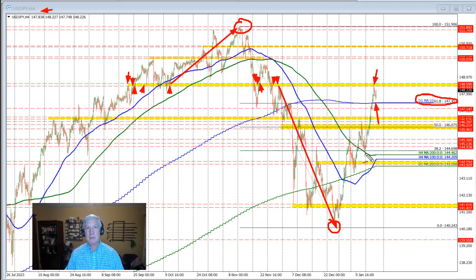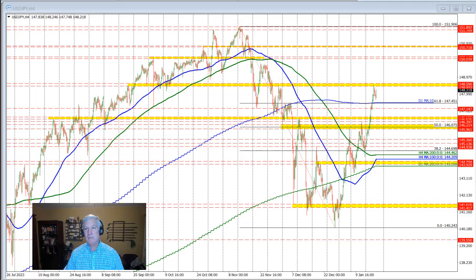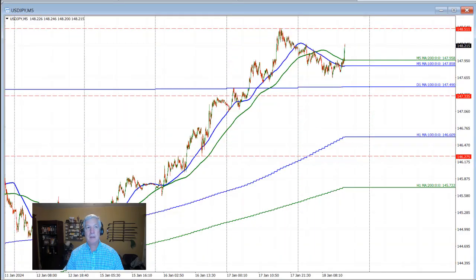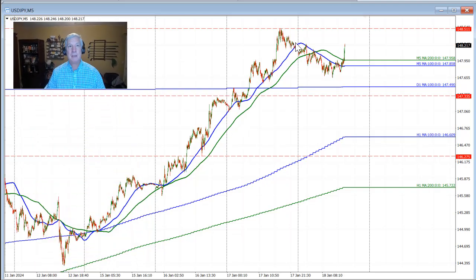As long as the price remains above that level, the buyers still remain in control in the dollar versus yen. If you recall from yesterday's video, I talked about the trend move to the upside here, how the price had stayed above its 200 bar moving average, I should say, on this 5-minute chart. And you can see what happened in the Asian session where we started to move below, trading between the 100 and 200.